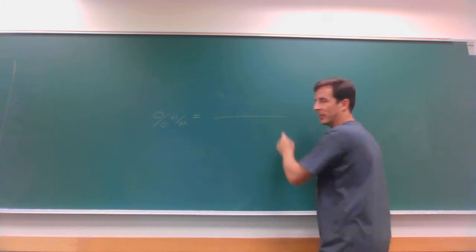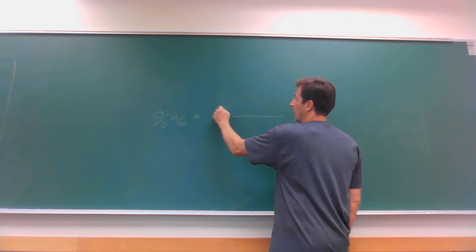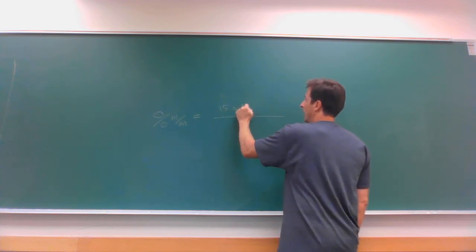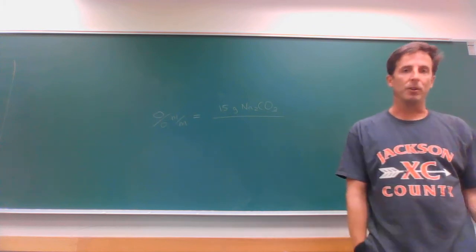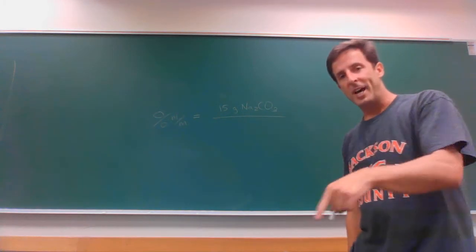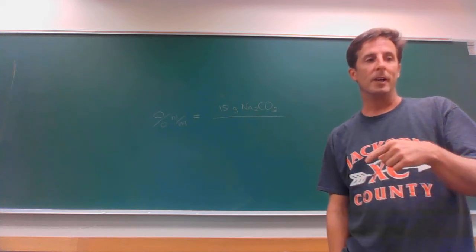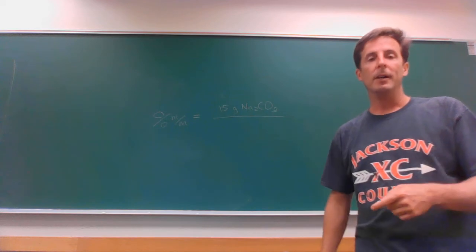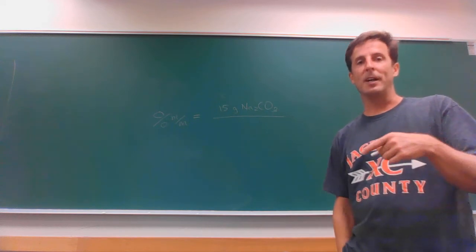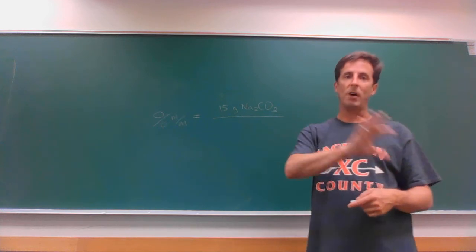It's going to be the grams of the solute, which the solute on top is going to be the sodium carbonate. So 15 grams of Na2CO3. On the bottom should be the grams of solution. On the test, many people will miss this problem because they'll just look at the 235 grams of water and throw that on the bottom. The mass percent has to have the mass of the solution on the bottom, which is the solute and solvent together.